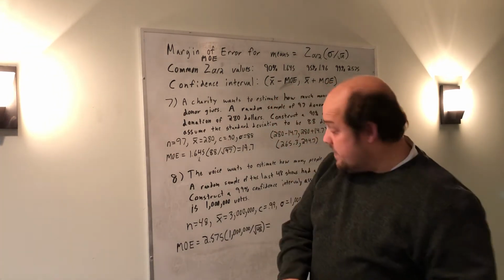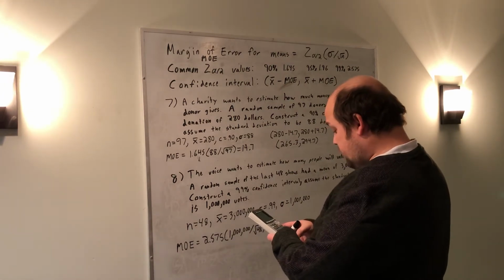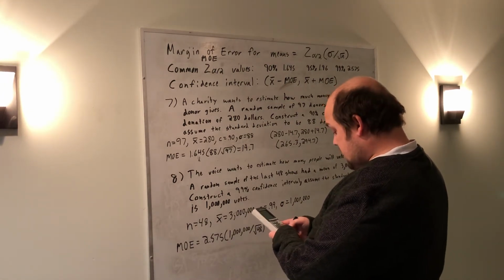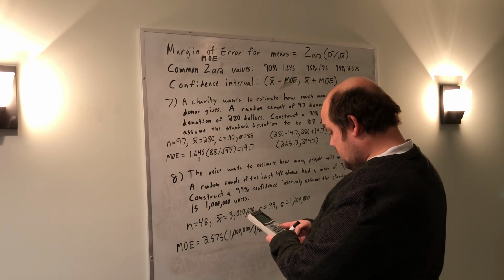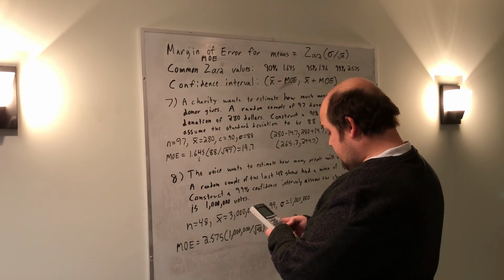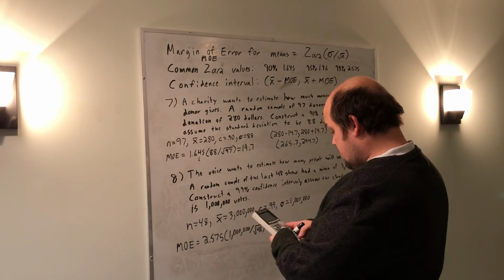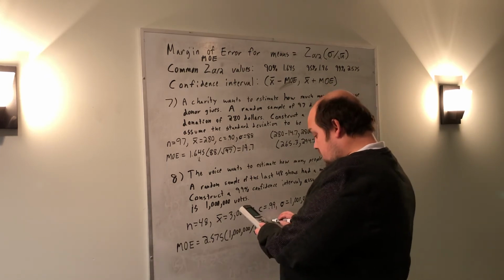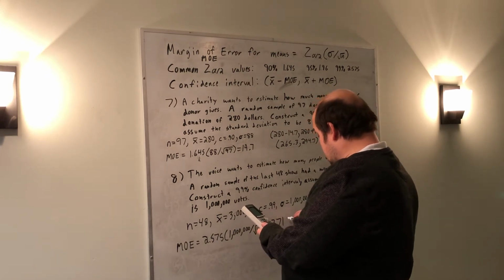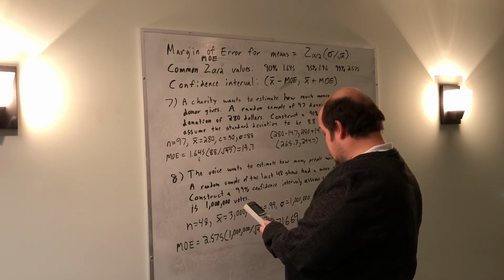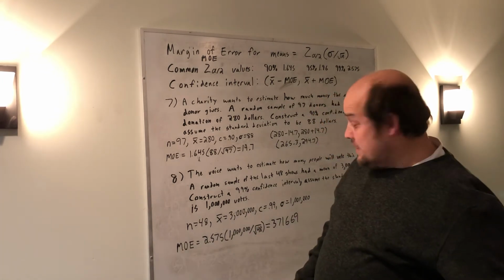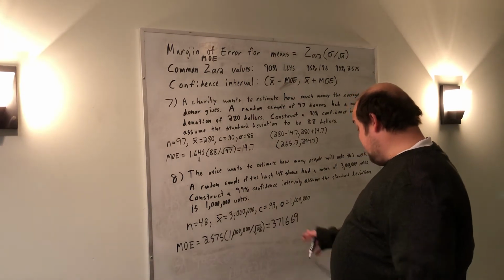When I put that into my calculator, 2.575 times 1 million divided by the root of 48 gives me 371,669. I'm not going to include any decimals because these are huge numbers.